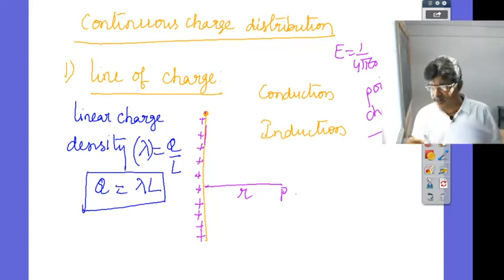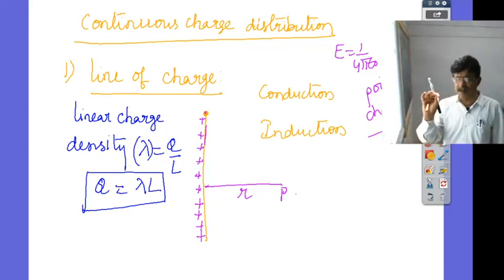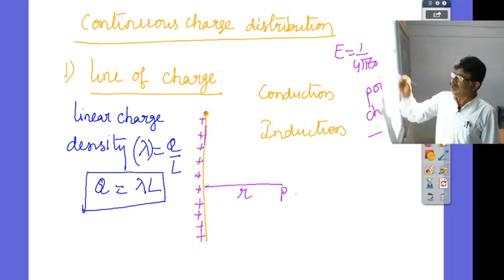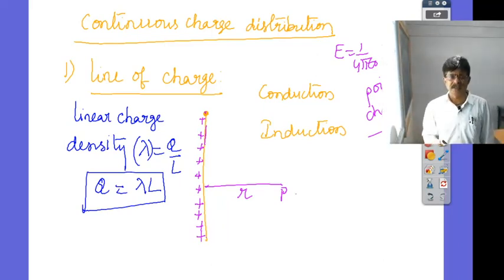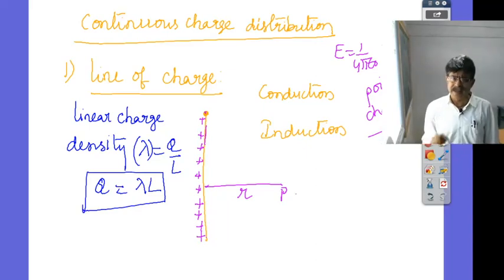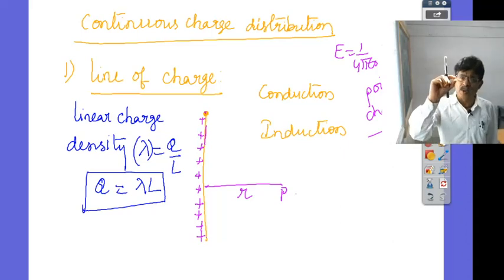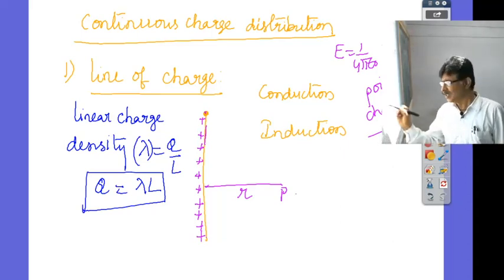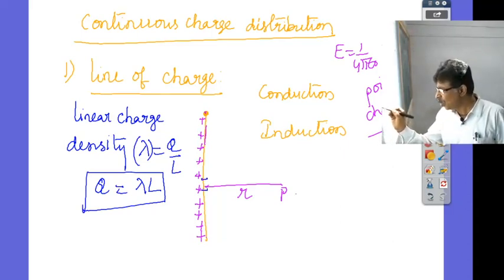Now, the procedure I am going to tell you, just be clear about that. On this line of charge, choose a small elemental length in such a way that it can be considered as a point charge. Say, I am going to take a very small length.